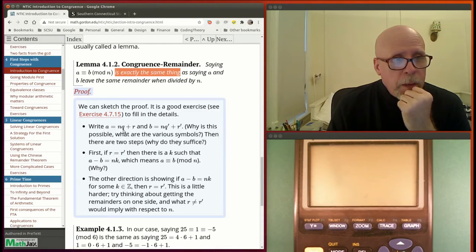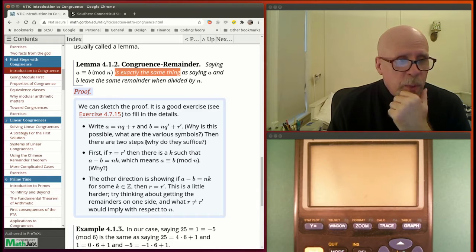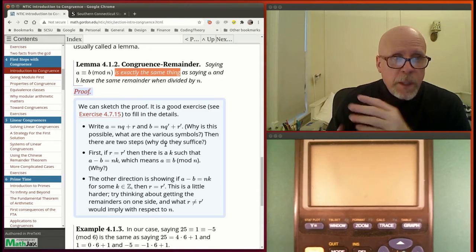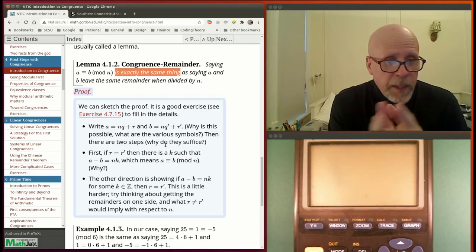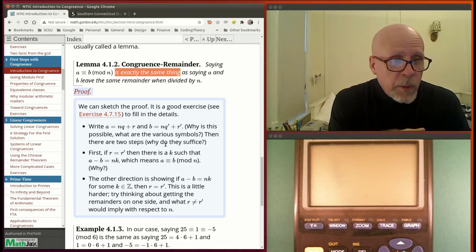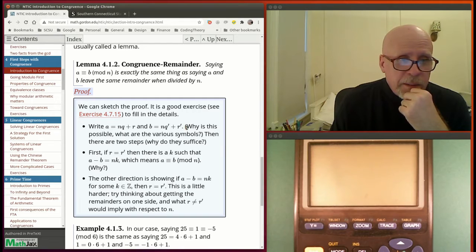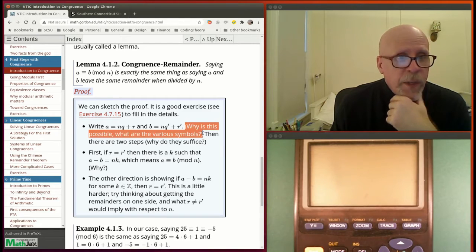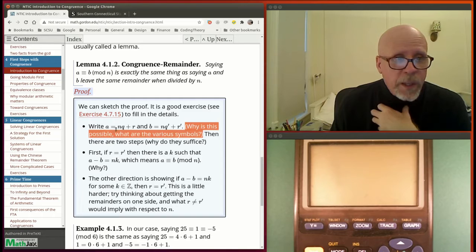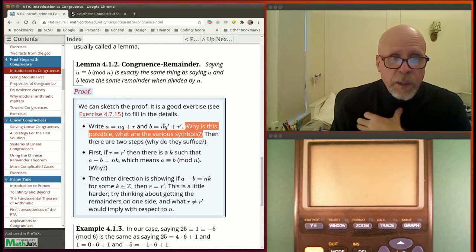Well, the first bullet here is just setup. If you're going to make claims about A and B and what their remainders are, then you ought to use the quotient remainder theorem. He didn't state that, but he asks you: why is this possible? Why can we write A as n times q plus r and B as n times q prime plus r prime?